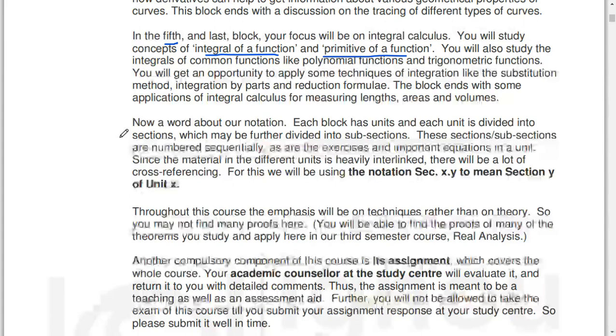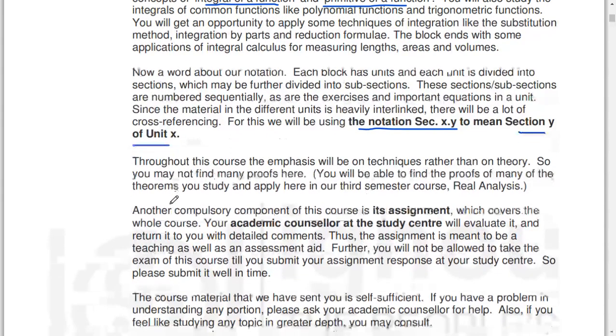For this, we will be using the notation section xy to mean section y of unit x. Throughout this course, the emphasis will be on techniques rather than on memory, so you may not find many proofs here. You will be able to find the proofs of many of the theorems you study and apply here in our third semester course, Real Analysis.